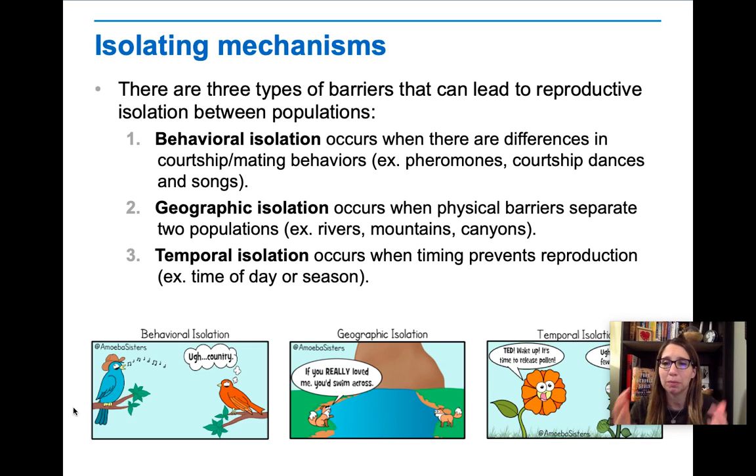So again, keep in mind, we're starting with one ancestral population, and we're looking at how those can be separated in a way that makes them eventually form two different species. So with behavioral isolation, we're looking at changes in courtship or mating behavior specifically, not other types of behaviors like hunting or anything else. We're looking at specifically how these groups try to reproduce.